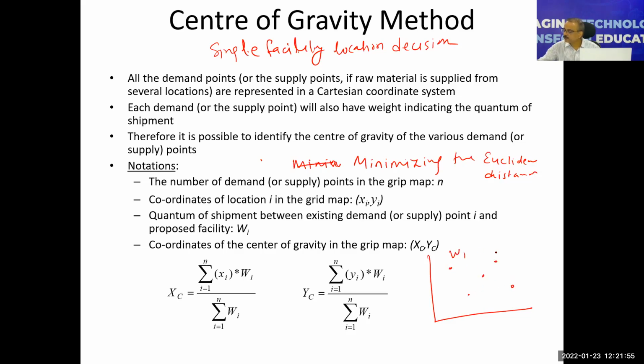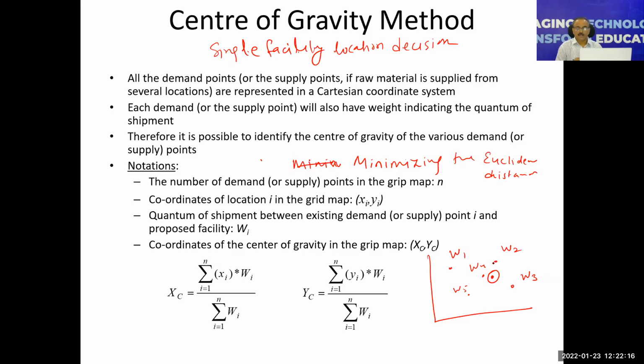So let's say this is warehouse 1, this is warehouse 2, this is warehouse 3, this is warehouse 4, this is warehouse 5, and based on these locations we will try to create a new facility, that is the plant, which will fulfill the requirement of all these warehouse demands.